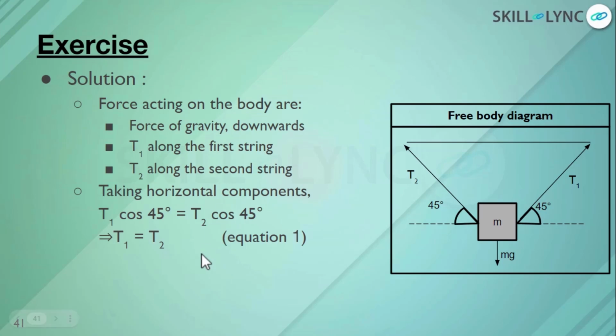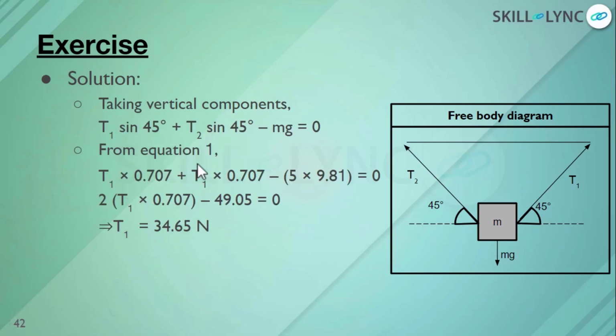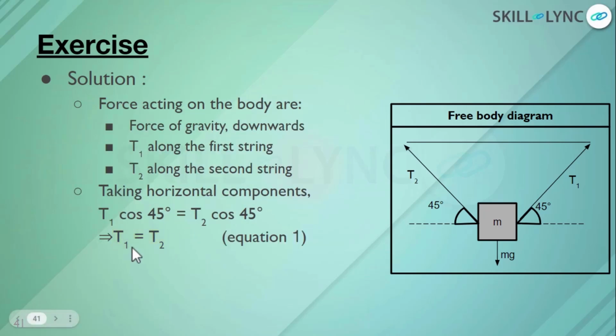From equation 1, which showed us that T1 equals T2, we put that in here. Thus, the vertical component equation T1 sin 45 plus T2 sin 45 minus mg equals 0 can be written as T1 sin 45 plus T1 sin 45 minus mg equals 0, since T1 equals T2, as we saw in equation 1 on the previous slide.